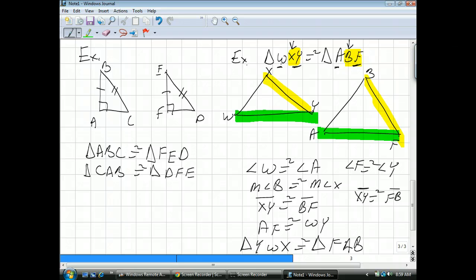Well, what if I named the triangle BFA? Then the second triangle would have to be named, well, B corresponds to X, F corresponds to Y, and A corresponds to W. So it would have to be named in that order. Okay.